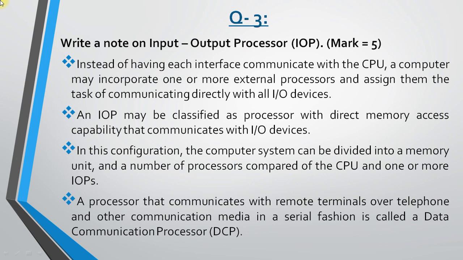A processor which communicates with a remote terminal over telephone or other communication media in a serial fashion is known as a data communication processor. That is the full form of DCP. Let me switch to the next slide.